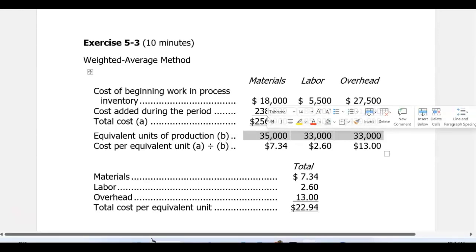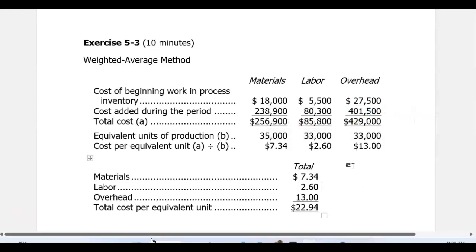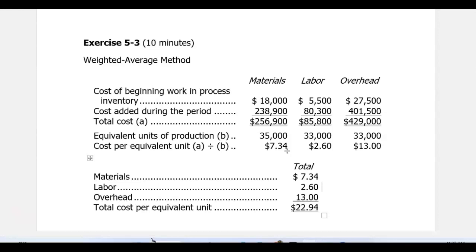So 35,000 for material and 33,000 units for conversion. Now, the cost I know for materials is 256,000 divided by 35,000 equivalent units of production, which gives us $7.34 per equivalent unit for material.